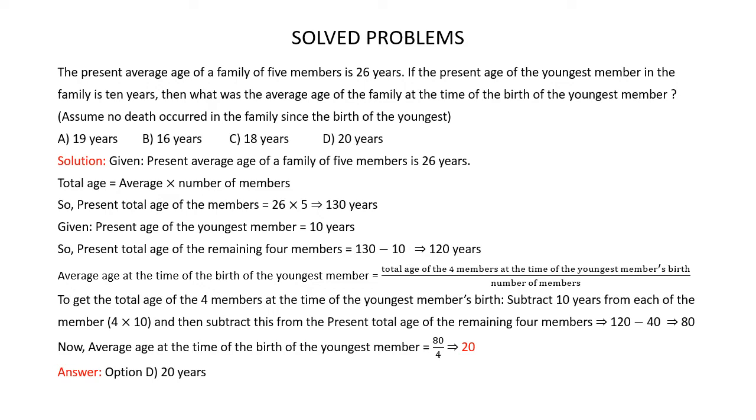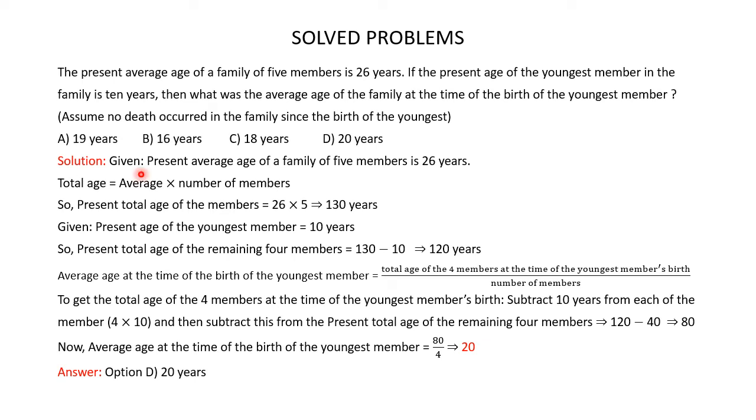So if you know that, you can easily calculate the total age of the 4 members at the time of the youngest member's birth. From this, you can easily calculate the average age of the family at the time of the birth of the youngest member. Now let's see how this is done.